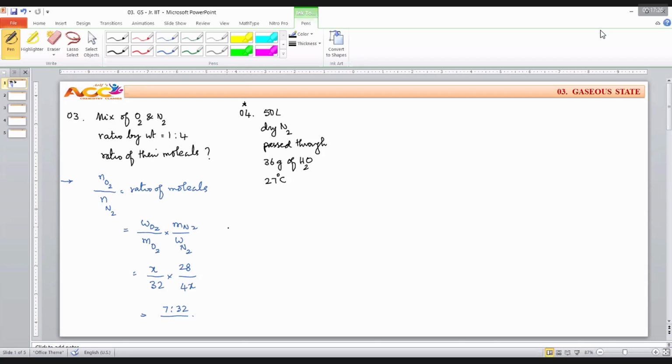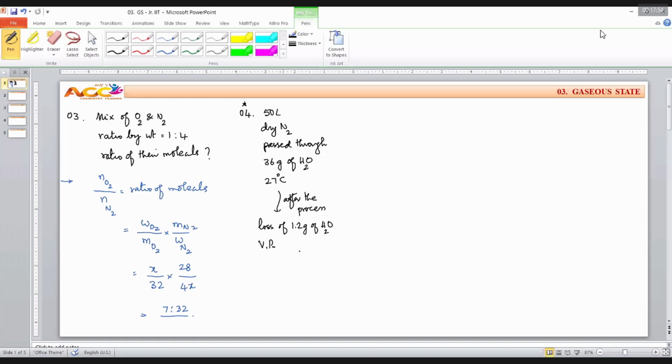After passage of the gas, there is a loss of 1.2 grams of water. Find vapor pressure of water.